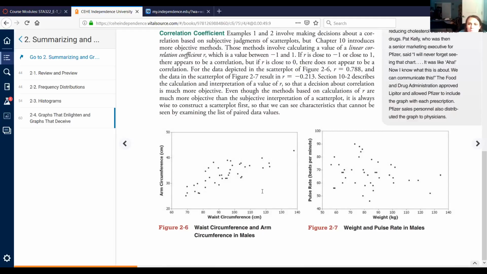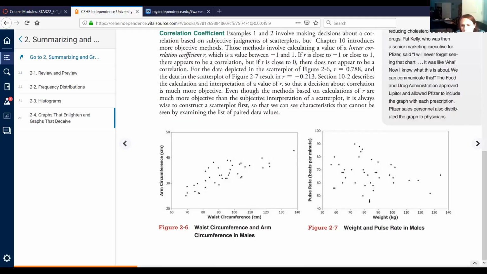Using weight and pulse rate in males, we get this scatter plot. We look at this and we say, nah, there's not much relation here. So we don't expect to see any particular trend. We've got numbers all over the place. We've got this person over here with about a 75 kilo weight and a pulse rate of 90 beats per minute.